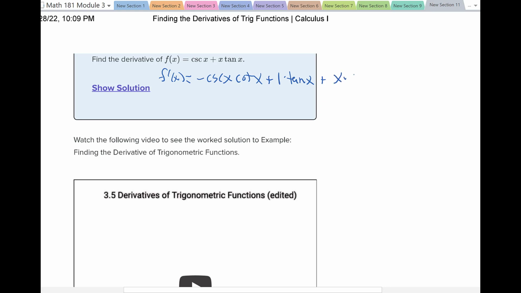So it's x times secant squared x. So it doesn't clean up a whole lot, really at all. It's negative cosecant x cotangent x plus tangent x plus x secant squared x.